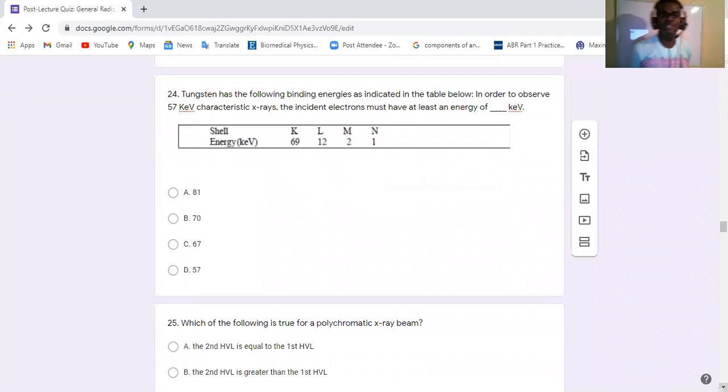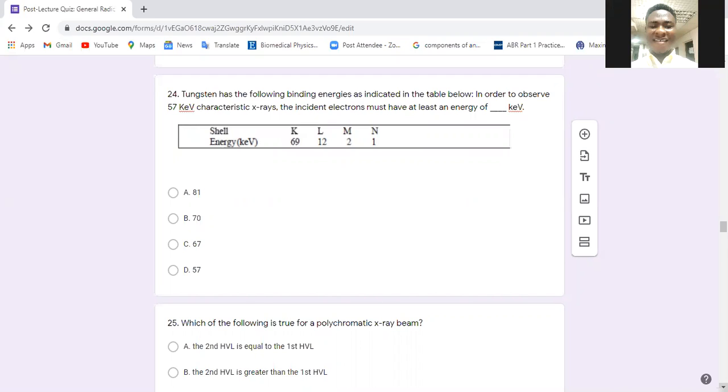Tungsten has the following binding energies indicated in the table below. In order to observe a 57 keV characteristic X-ray, what is the least energy the incident electron must have? B, 70. Why is it 70?